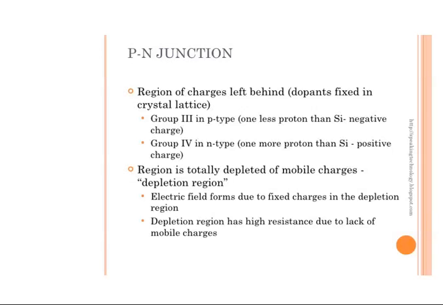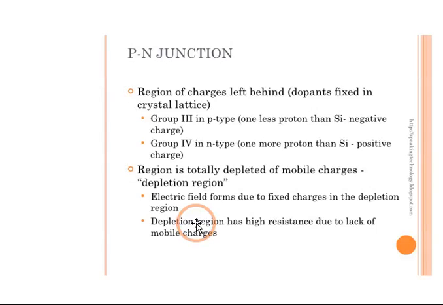When we consider the region of charges left behind, group 3 in P-type has one less proton than Si, so negative charge, and group 5 in N-type has one more proton than Si, so positive charge. As a result, the P-type region near the junction has negatively charged acceptor ions and the N-type region has positively charged donor ions.